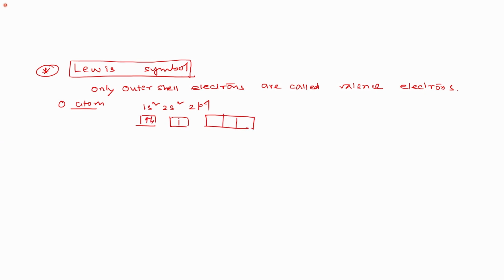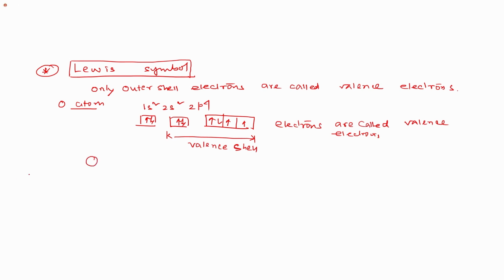This is the valence shell, and these electrons are called valence electrons. So in the Lewis symbol, when they ask you to write the Lewis symbol of oxygen, you have to mention only the valence electrons.